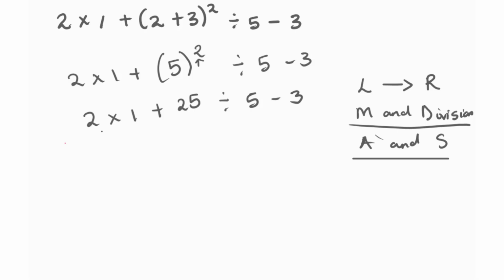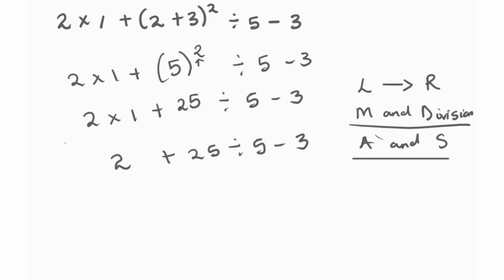As you can see from our question here, we do have multiplication, right? Since we're working from the left to right, we can go ahead and deal with the multiplication. So 2 multiplied by 1, that's 2, and then plus 25 divided by 5 minus 3.